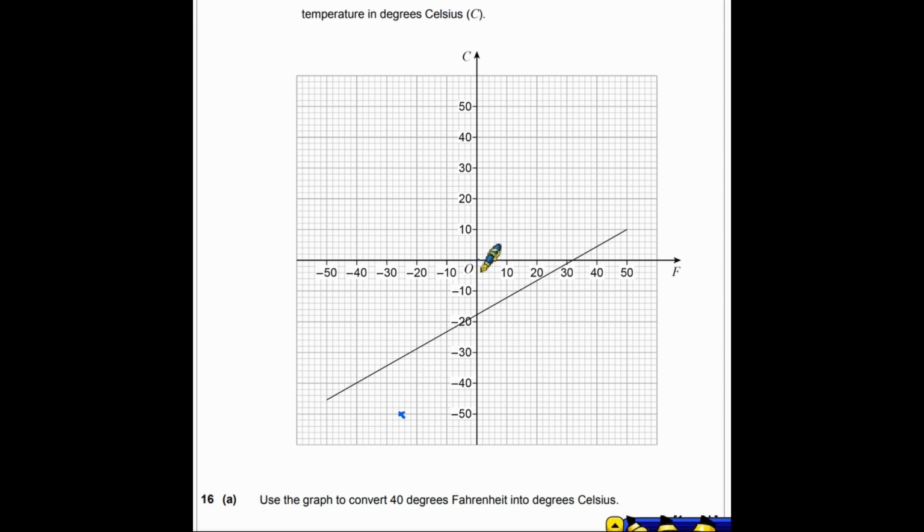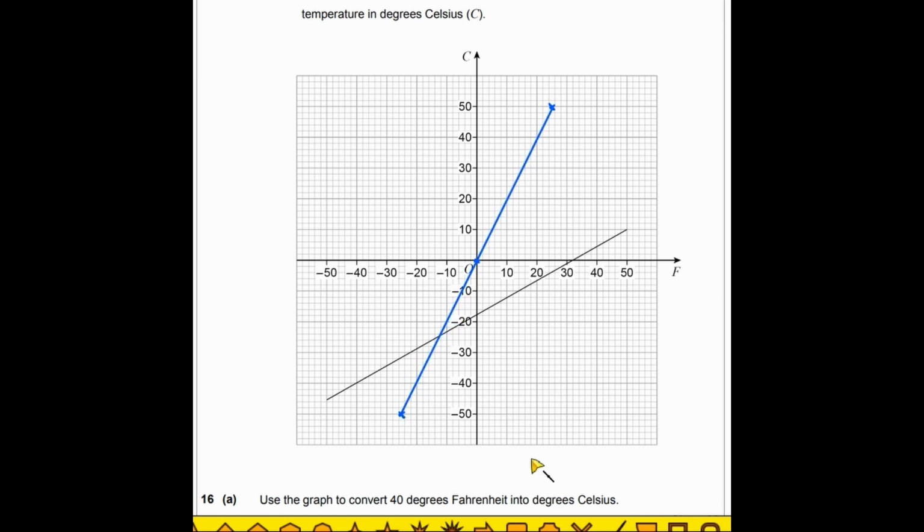It was 0, 0, which is there, and it was plus 25, plus 50, which is just there. We now need to join those points together, and if we do that, we end up with a line which looks like this.